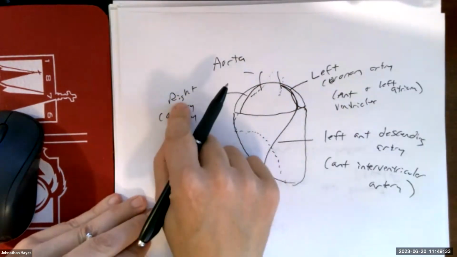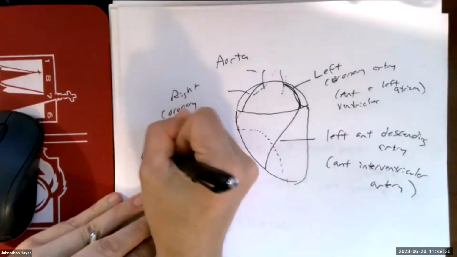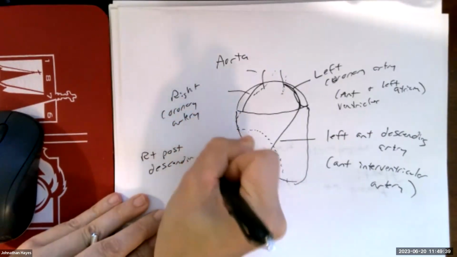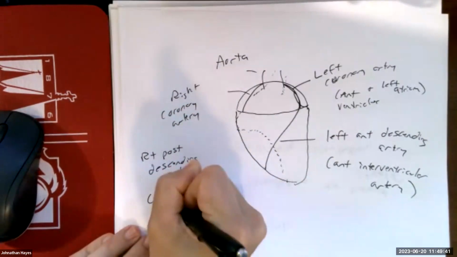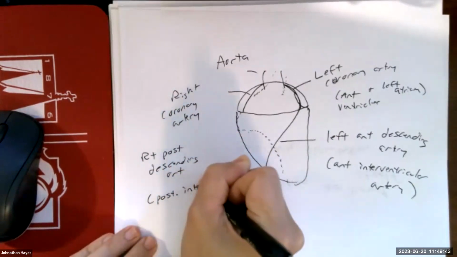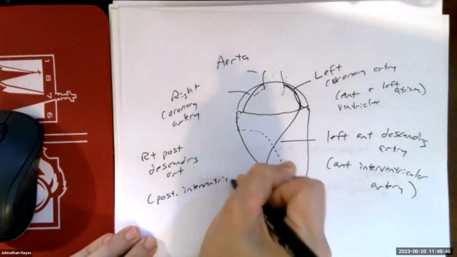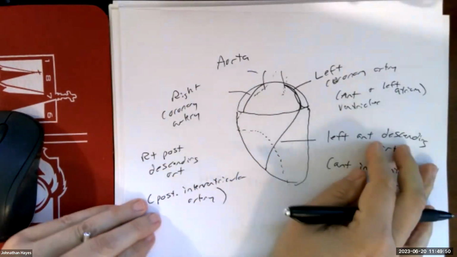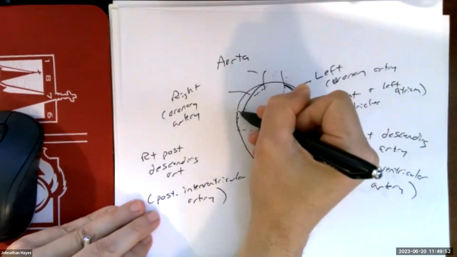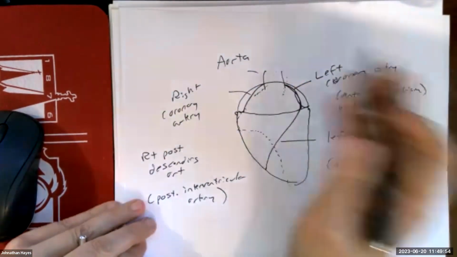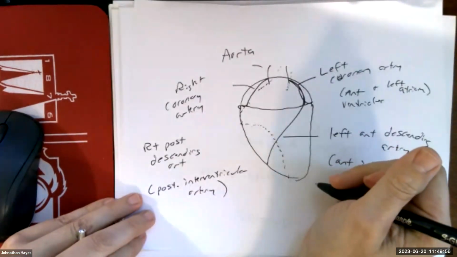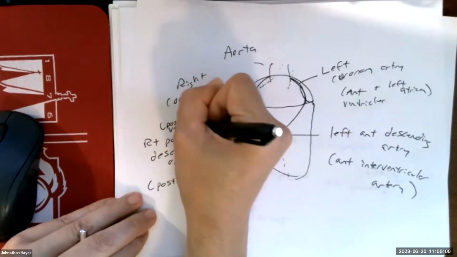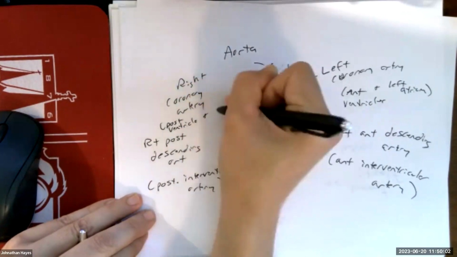So the main branch of your right coronary artery is the right posterior descending artery, also known as posterior interventricular. Okay. And it's also going to have a little branch that'll stay in this groove and supply the right atrium. So right coronary artery, think posterior ventricles and right atrium.